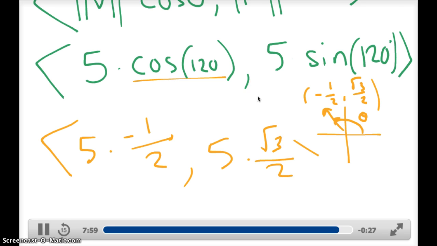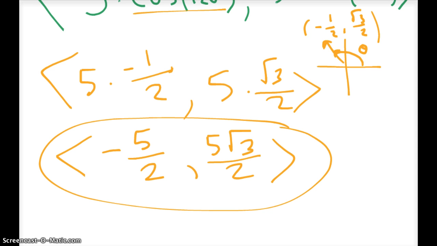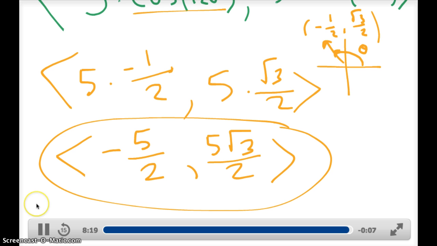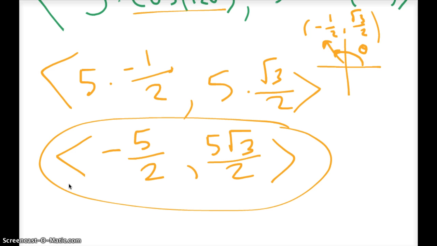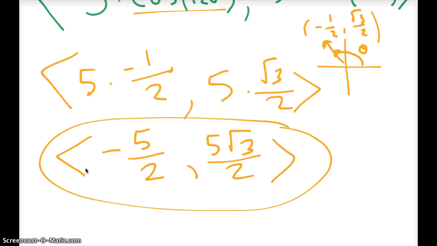So 5 times, well, the cosine of 120 is the x value, which is negative 1/2, and the sine value of 120 is rad 3 over 2. If I write this in simplified form, I get negative 5 over 2, 5 rad 3 over 2. And that's my final answer in component form. You have 6 more of these to practice, and I encourage you to try those on your own. The following problems are all finding the angle using the tangent values. Good luck!